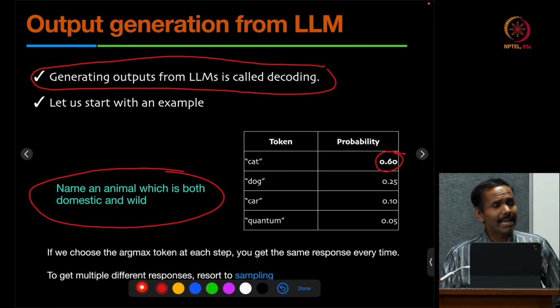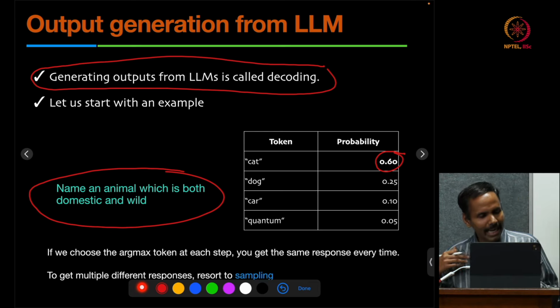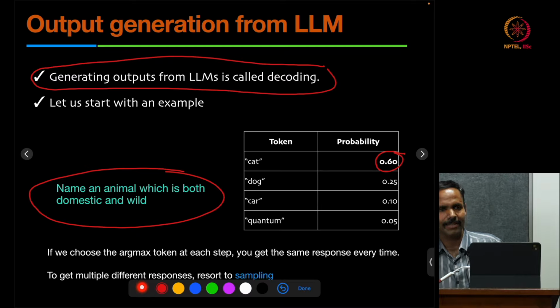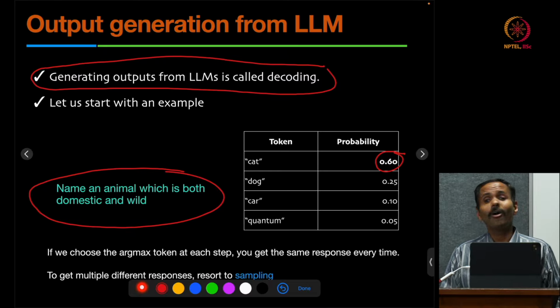If I choose to just take the max output, and the location of the max output corresponds to the token cat, then I get the same answer every time, right. I keep asking the same question, regenerate, I get the same answer because you are picking the top. But that's not what we want when we ask to regenerate, right. You want different responses each time. If it is going to give the same answer, then you wouldn't even want to have a regenerate button there, right. So now what can we do?